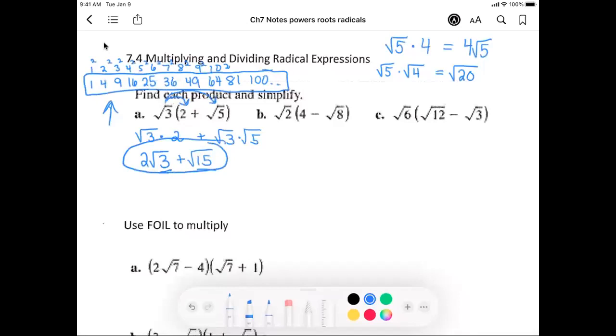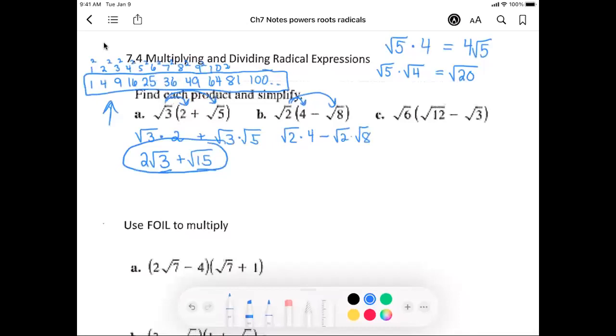But sometimes you can simplify further. Let's see if we can in letter B. So the first thing we're going to do is multiply the square root of 2 times 4. And then the second thing we're going to do is multiply the square root of 2 times the square root of 8. And we're going to hold this together with a minus sign.